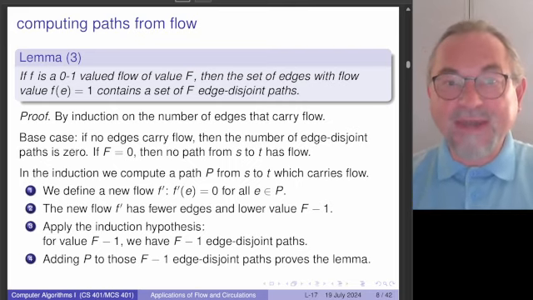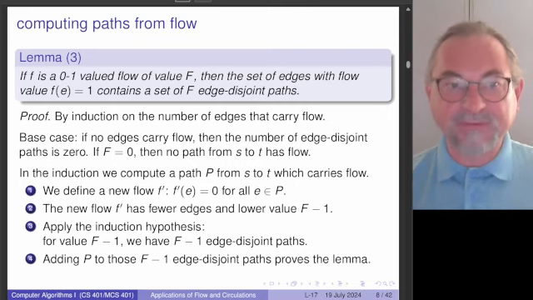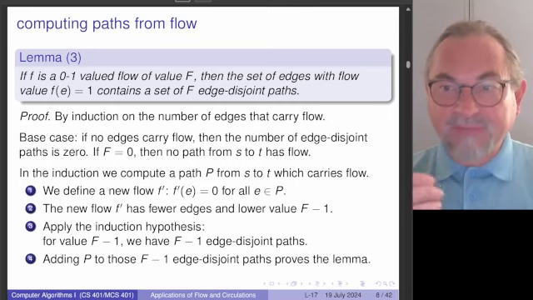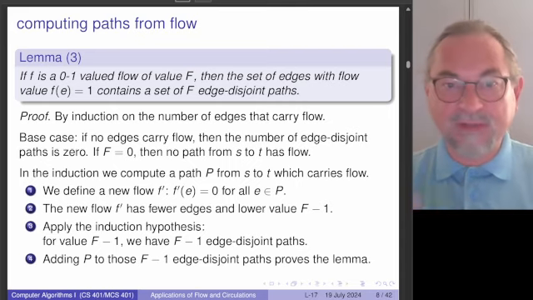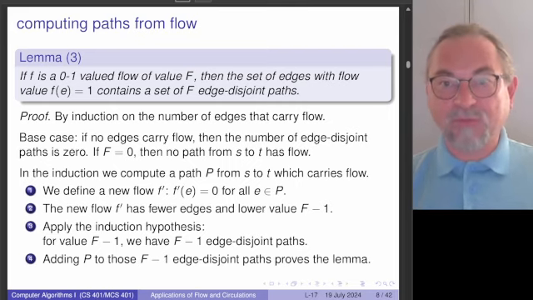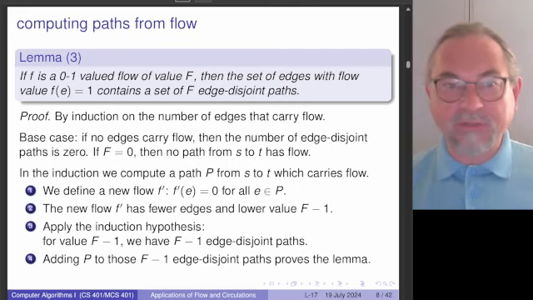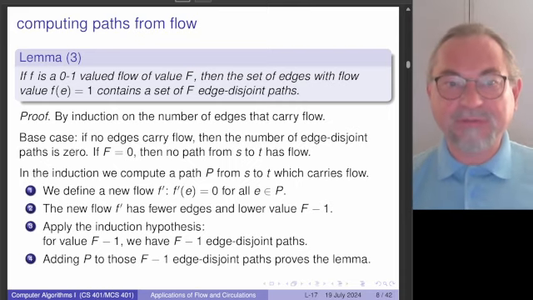So if no edges carry flow, in the base case, we always have to think about the base case. If there is no flow on any edges, then there are also no edge disjoint paths, cannot be. Also, if the value of the flow is 0, what that means is that there is no path from source to sink. So that means that there is also no flow. That means that there can also be no edge disjoint paths.